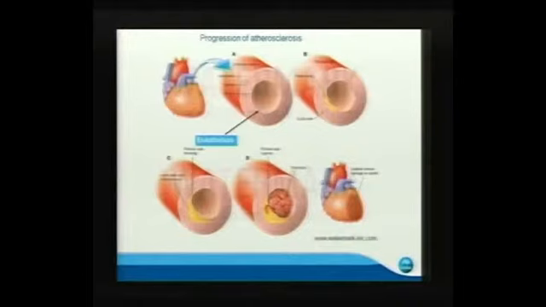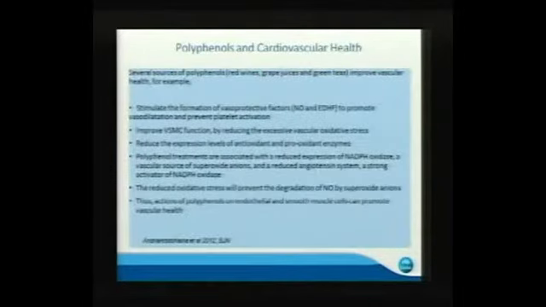What I want to highlight is that most of these processes involve different cytokines and different mechanisms, and as it happens, polyphenols seem to have some effect in that whole multitude cascade of events. If you look at the cardiovascular health data, there is good evidence now. These are good, well-conducted studies.